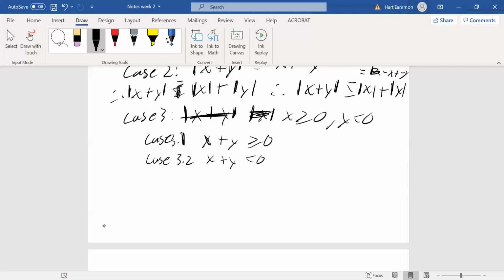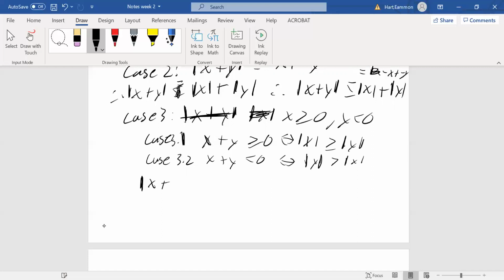So in this case, if we look at x, this is the same thing as saying the absolute value of x is greater than or equal to the absolute value of y. Same thing as saying the absolute value of y is greater than the absolute value of x.